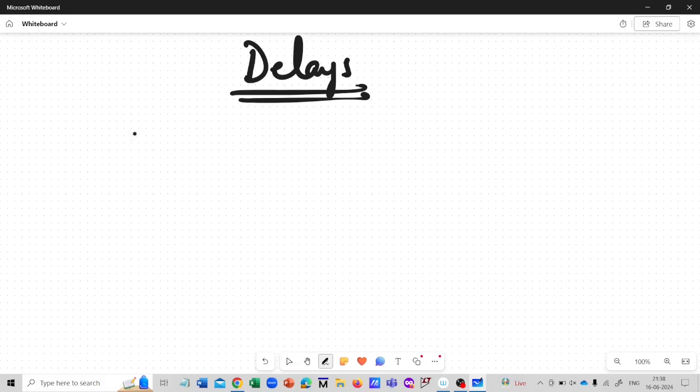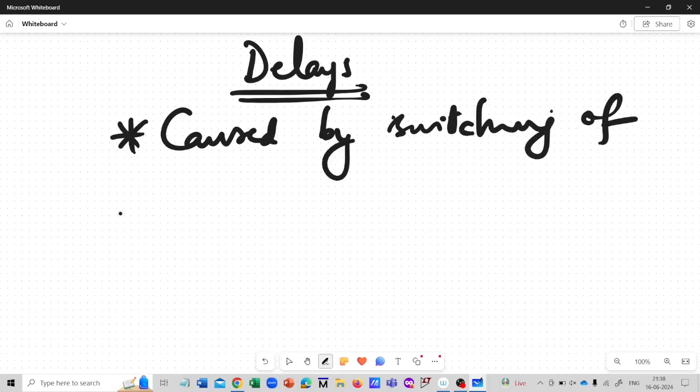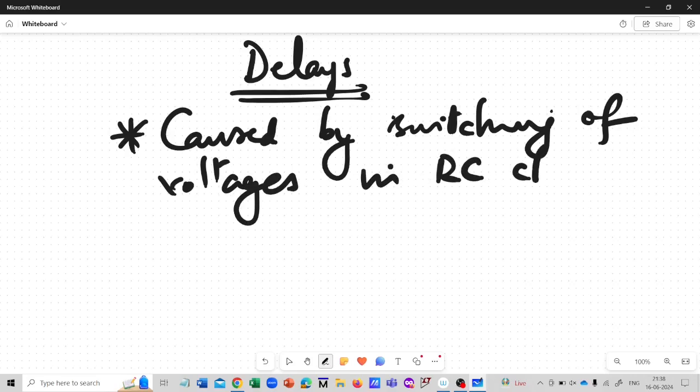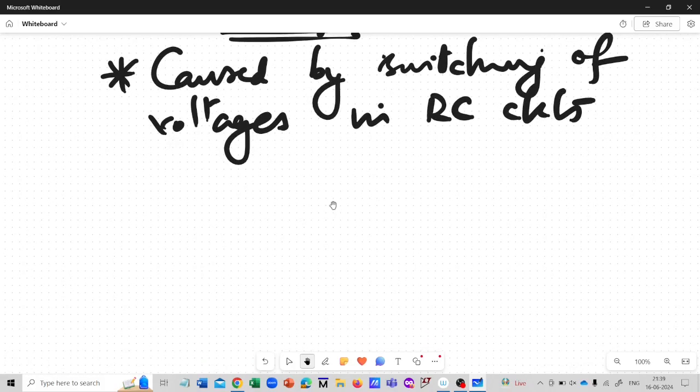Delays in digital circuits are caused by the switching of voltages in RC circuits, the R and C being offered by the resistance and capacitance, not only of the MOS transistors, but the interconnects also.